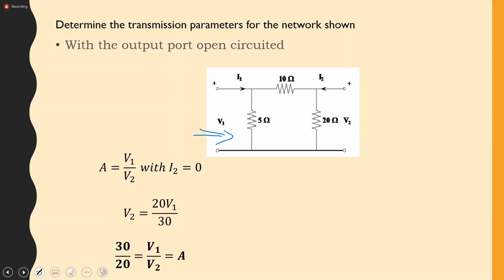So V1 over V2 would be 30 over 20, or 3 over 2. So A is 1.5, or 3 over 2.